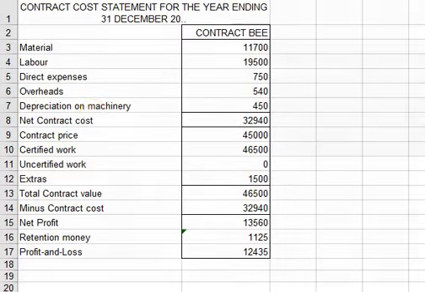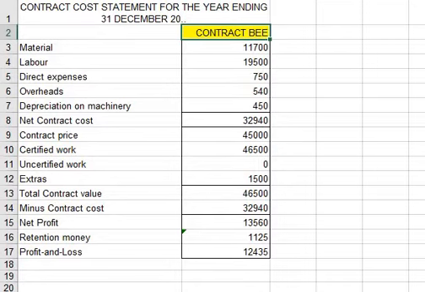So this is only for BEE. Now, let's go into the additional information. They tell us that the total overheads amount to 2.7, but 20% is BEE, 80% is BZ.